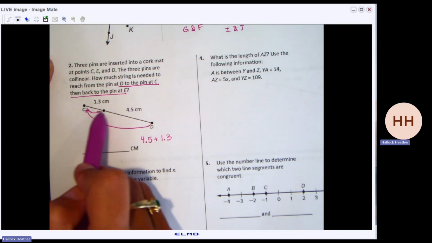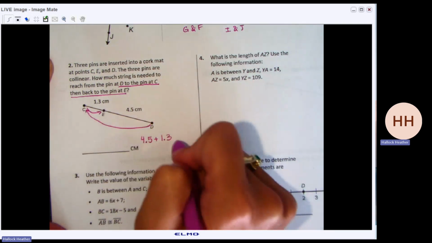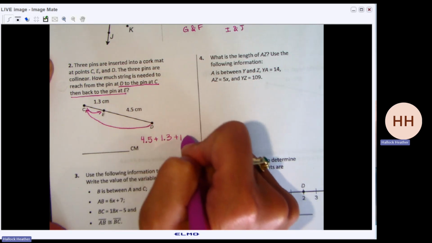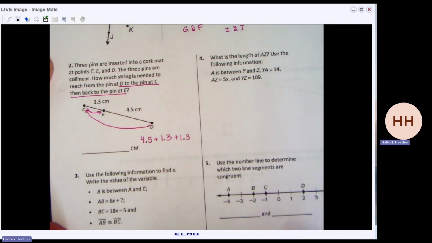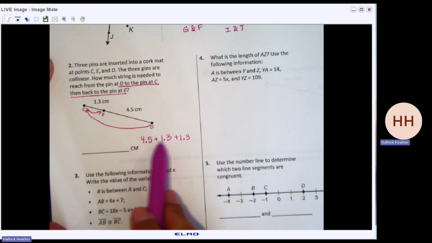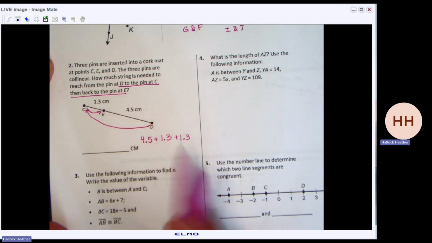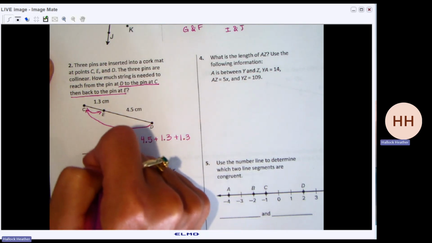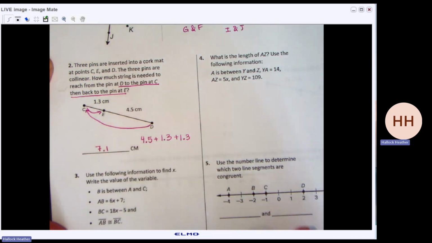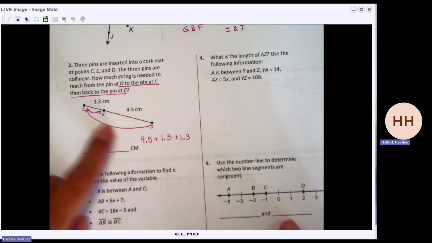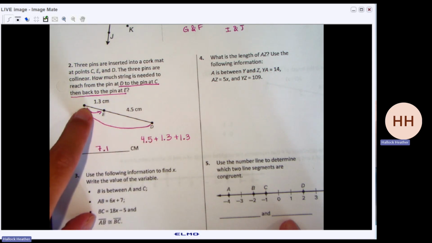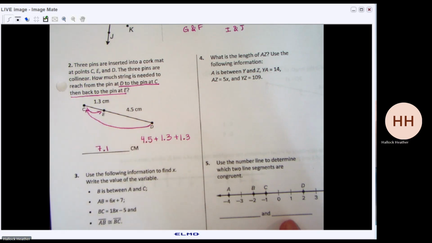I'm also going back, so I'm going another 1.3. If I add 4.5 plus 1.3 plus 1.3, I end up getting 7.1 as my answer, because that's the total length from D to C, and then from C to E.